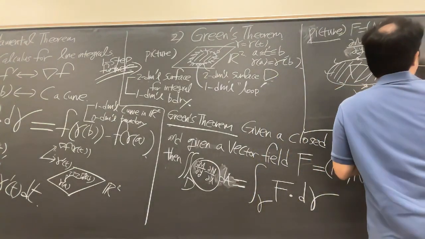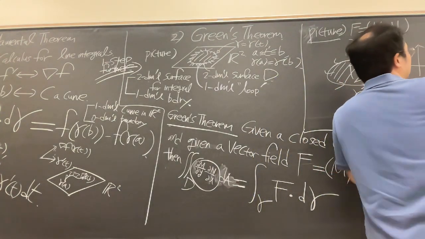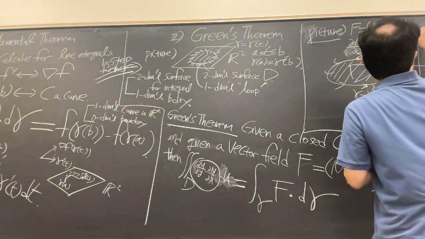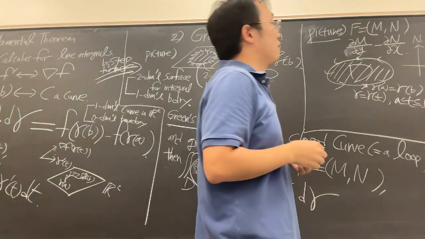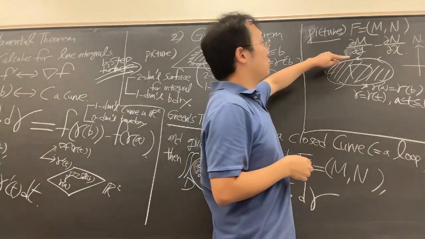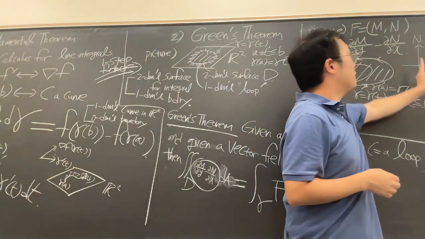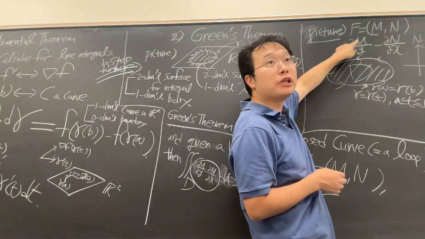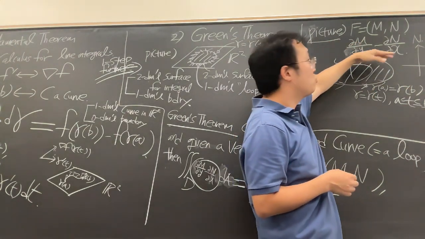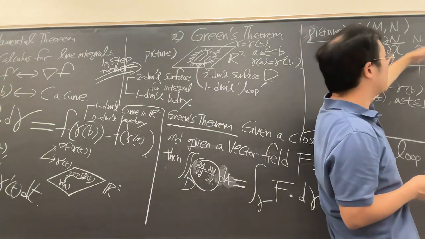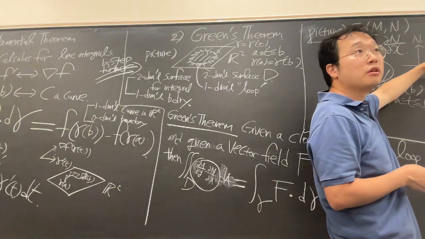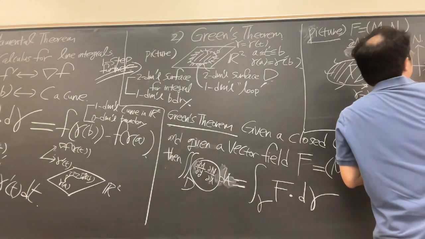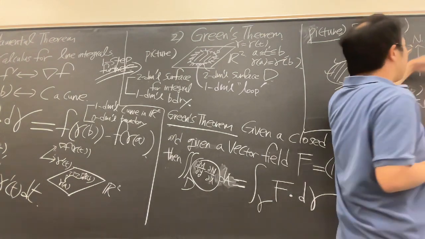This is the information of M, like the magnitude, and this is the information of N, like the magnitude. This corresponds to the x direction, this corresponds to the y direction. This is clear. So what is the meaning of taking the partial derivative with respect to y? You want to look at the infinitesimal change depending on the y direction. The first component represents the small amount of change based on the change in the y direction.